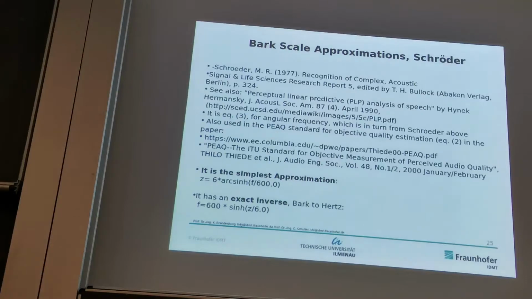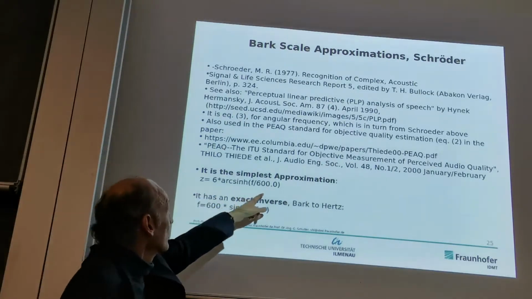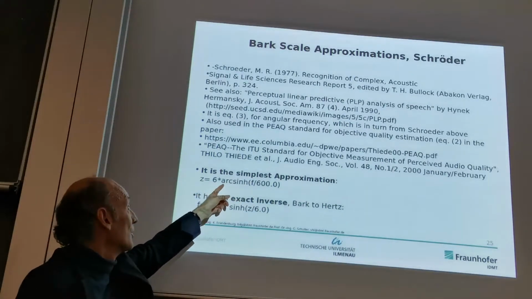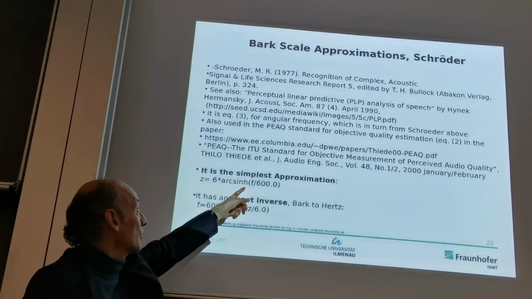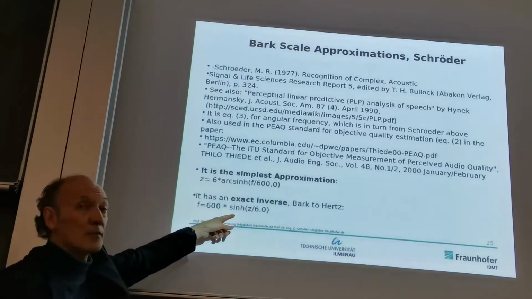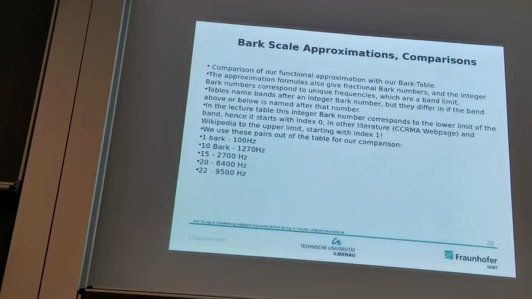First there's another one from Schroeder. So it even has a simpler approximation for the Bark scale using this arc sine hyperbolicus. And then it also has an exact inverse, this one here. So two different approximations, each have exact inverses.